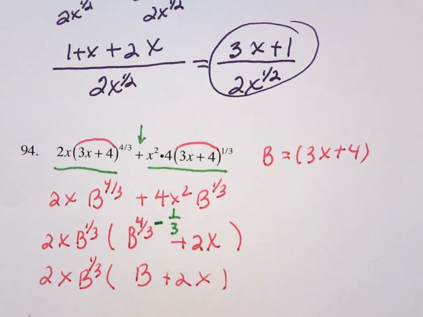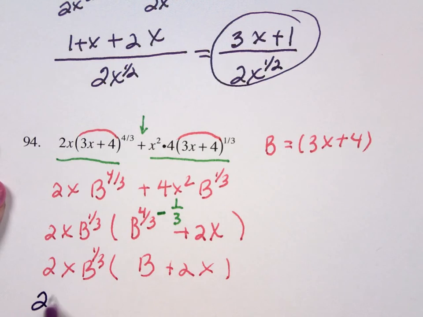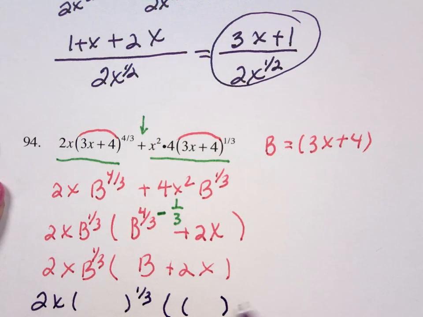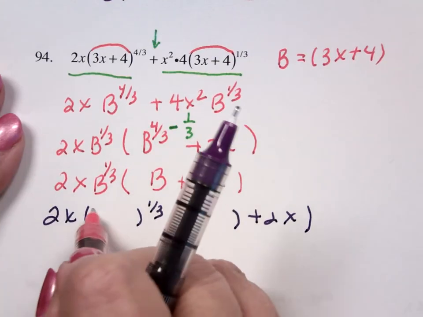Now I am not particularly interested in b, so I want everything in terms of x's. So it's 2x b to the 1/3 times b plus 2x. b is 3x plus 4.